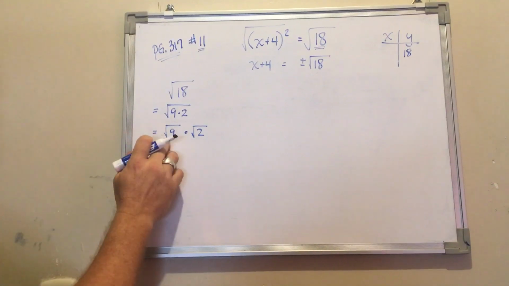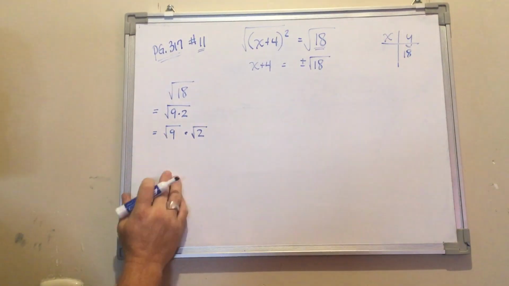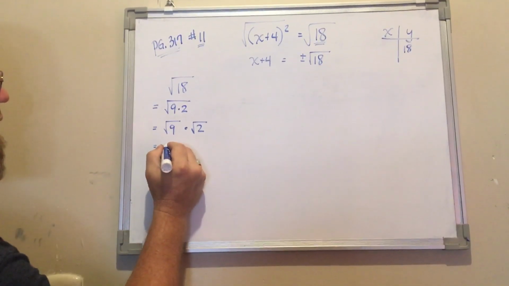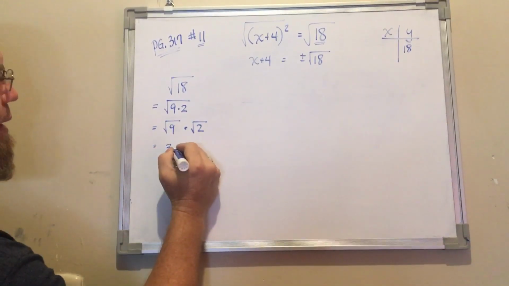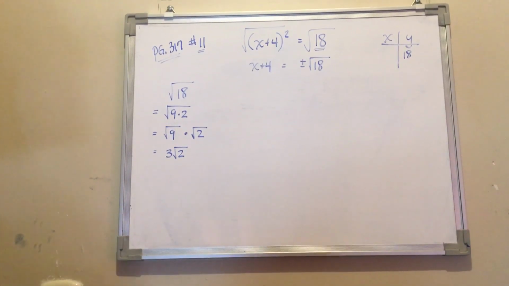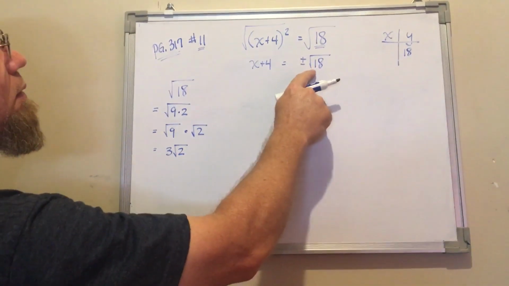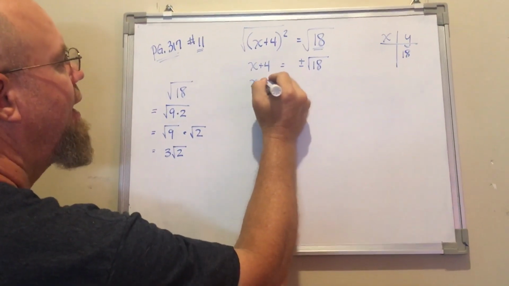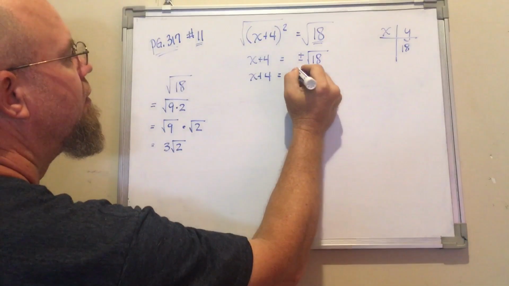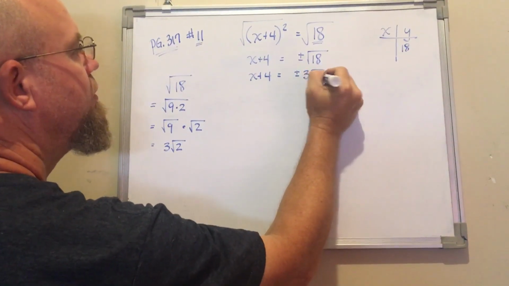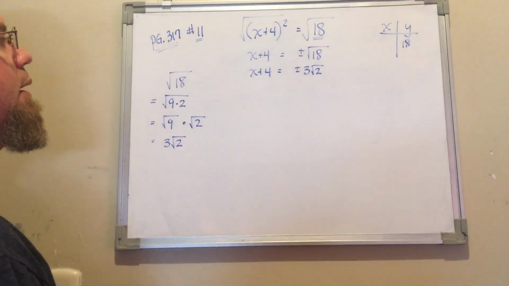So now I've got the square root of 9 times the square root of 2. Well, what is the square root of 9? Square root of 9 is 3, times the square root of 2. So plus or minus the square root of 18 is the same thing as plus or minus 3 times the square root of 2. All right?